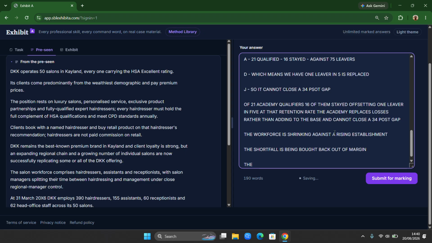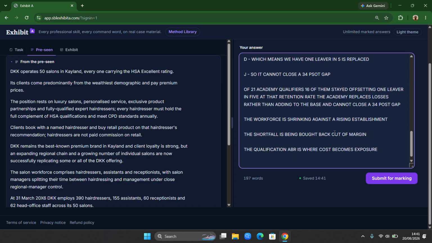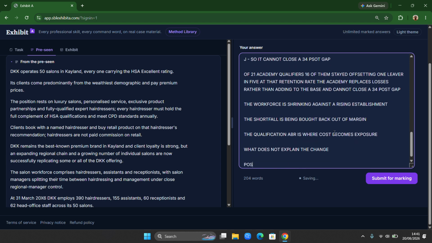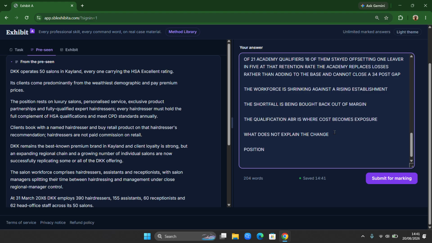Then the qualification bar is where cost becomes exposure. And what does not explain change. And then I'm going to put my position. So those are going to be the points which I'm going to develop.